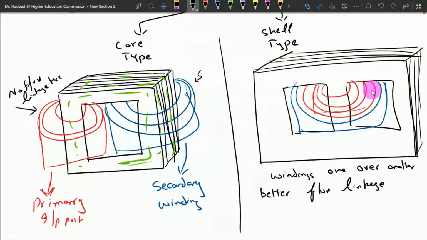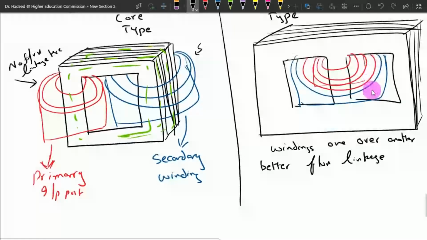So you can see that the primary and secondary winding on this middle limb are encircled or engulfed by two or more rings of magnetic material, which is here, right? So that is why we have a better flux linkage here.